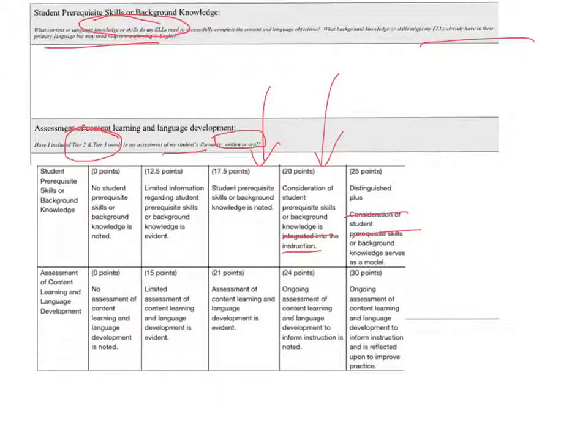And specifically saying how that assessment connects to what you were doing in class. So here is just, it's evident that you gave them an assessment that connects to the content and their language development. For distinguished, it looks like it's an ongoing assessment.